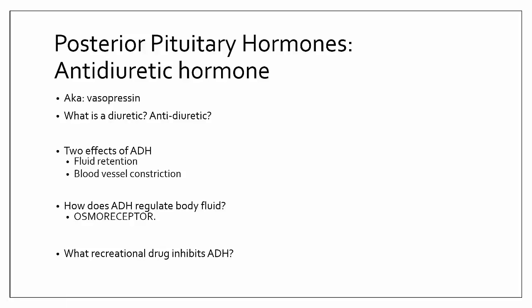So, knowing that mechanism, what is a recreational drug that inhibits ADH? So you should be thinking about something that doesn't allow you to retain fluid, that makes you dehydrated, and urinate frequently.